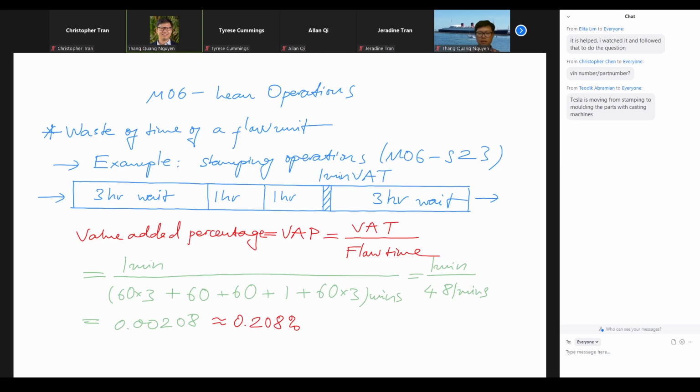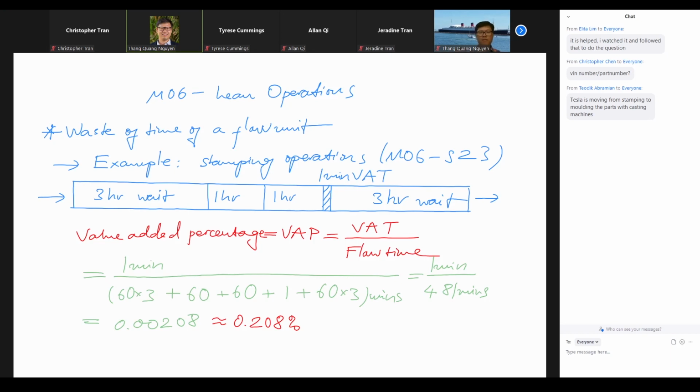Right. So that's the second perspective. We track one flow unit from the beginning to the end and calculate the value added percentage. And as a manager, you always have to think about how to increase the value added percentage so that we can cut down the waste during the production process.